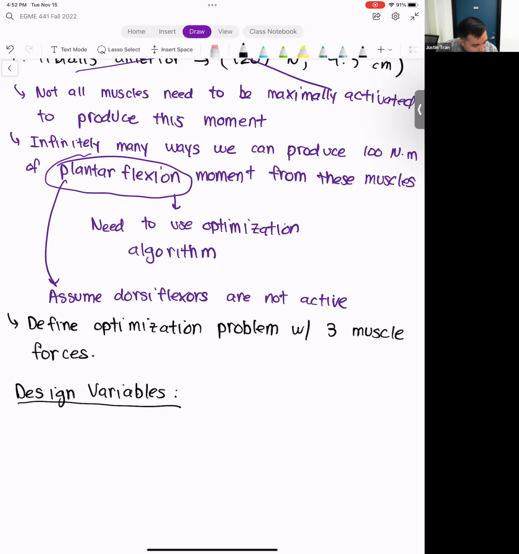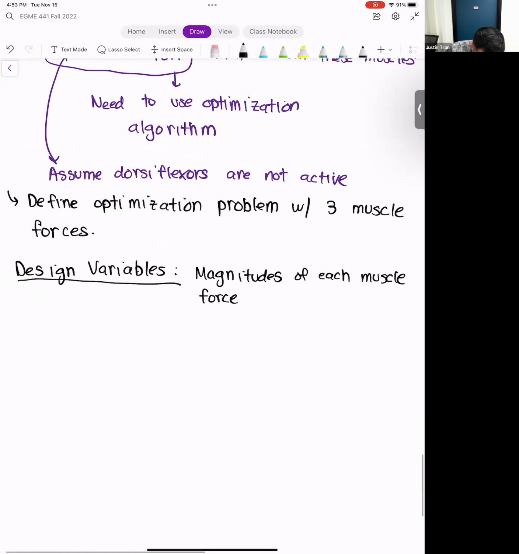And so in this problem, our design variables are the magnitudes of each of the different muscle forces. And so I'm just going to list them out here.